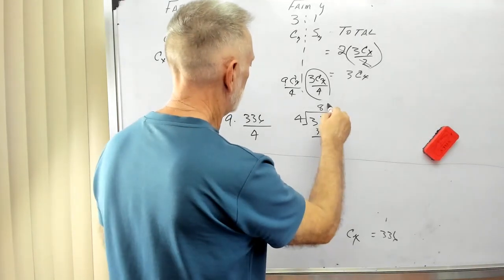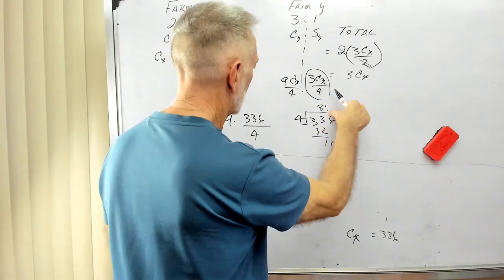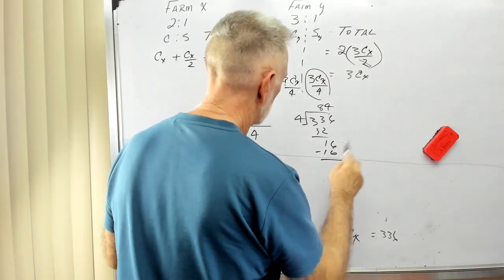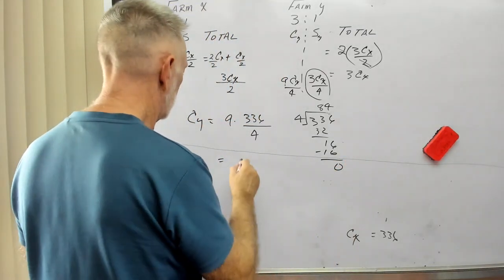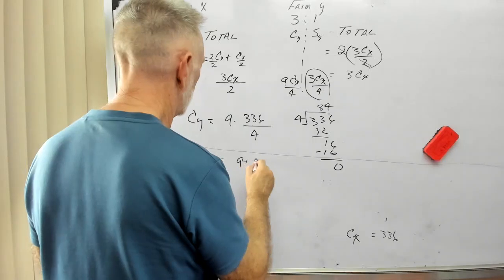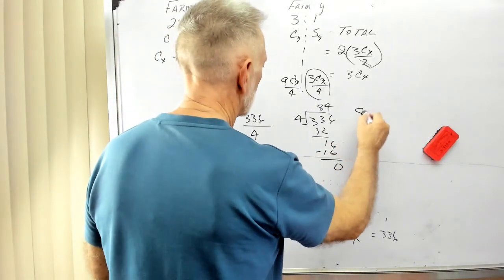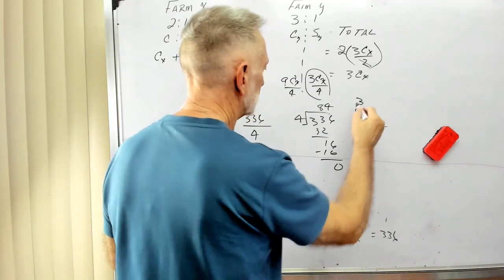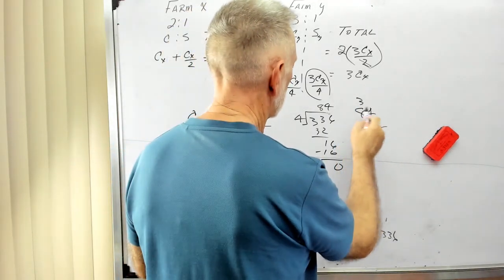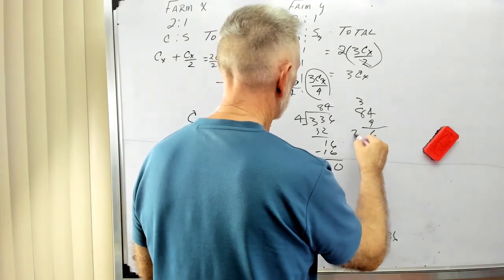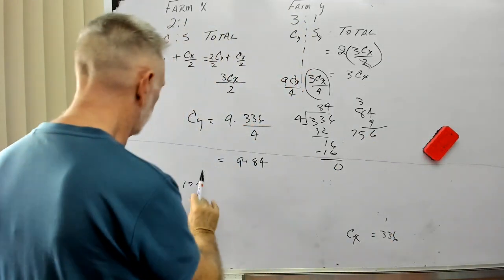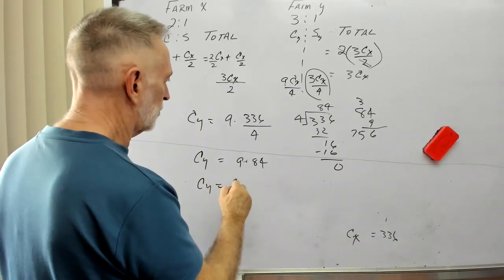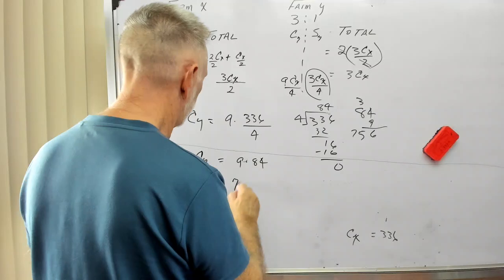Gives me 16, that's 84. Okay, so I have 84. Now I have 9 times 84. 9 times 4 is 36, 72. 9 times 8 is 72, plus 3 is 75. I have 756. That's the cows on y equals 756.